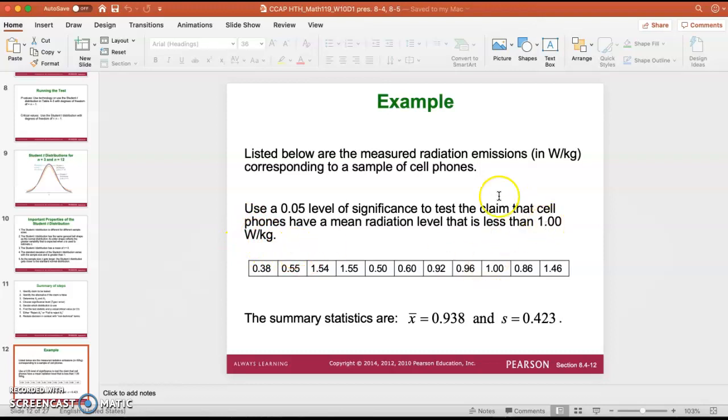Notice this is our claim that the mean level is less than 1 watts per kilogram. So this is a case where our claim does not have some form of equals in it. And this is a sample of 11 radiation levels here, and we'd find that the summary statistics from those 11 are the mean is 0.938 watts per kilogram, and the standard deviation is 0.423 watts per kilogram.